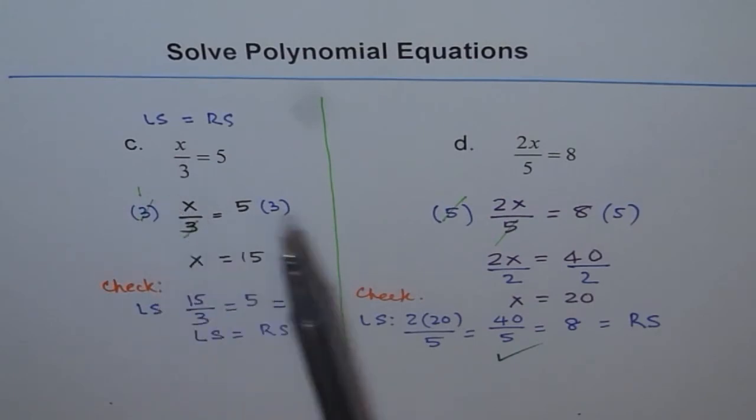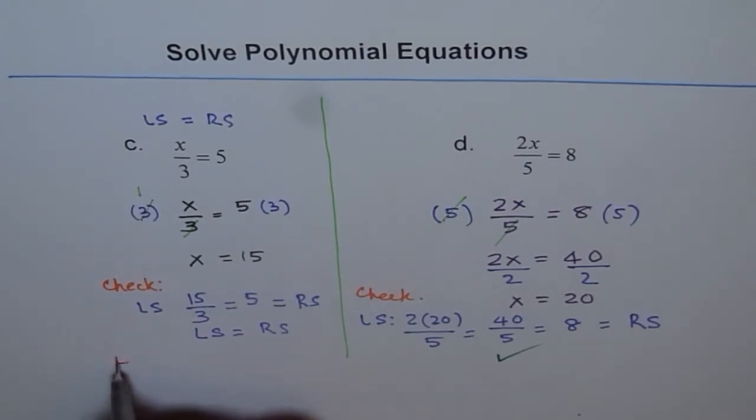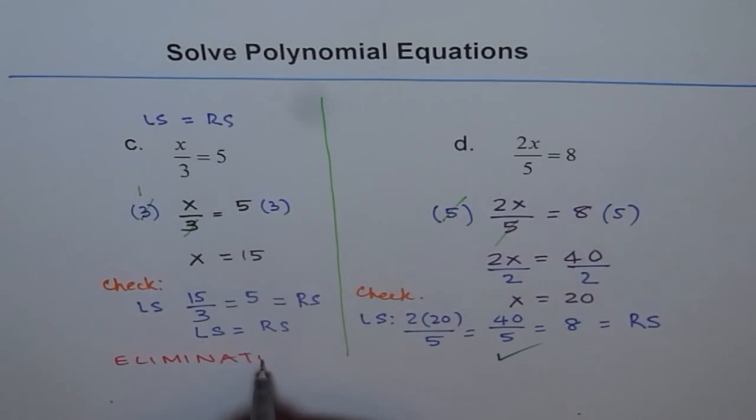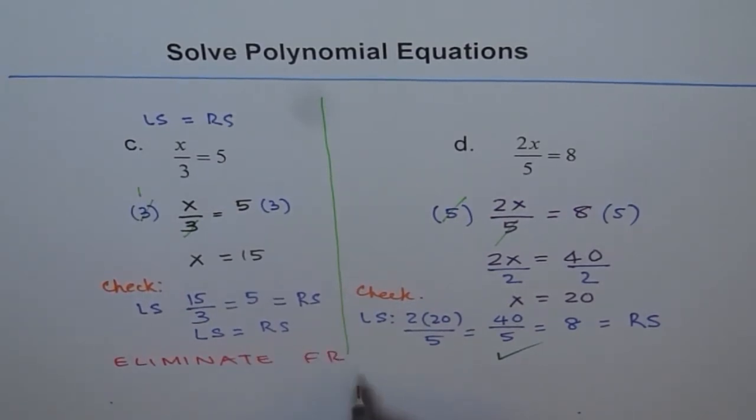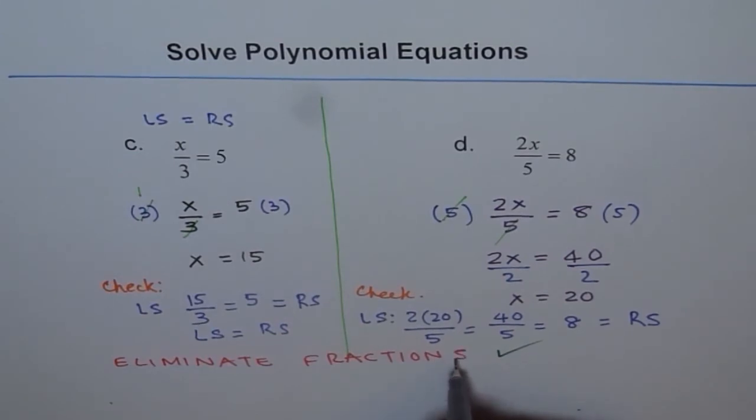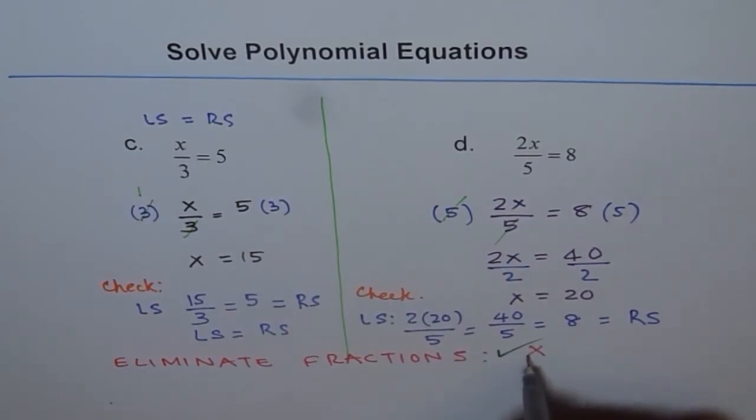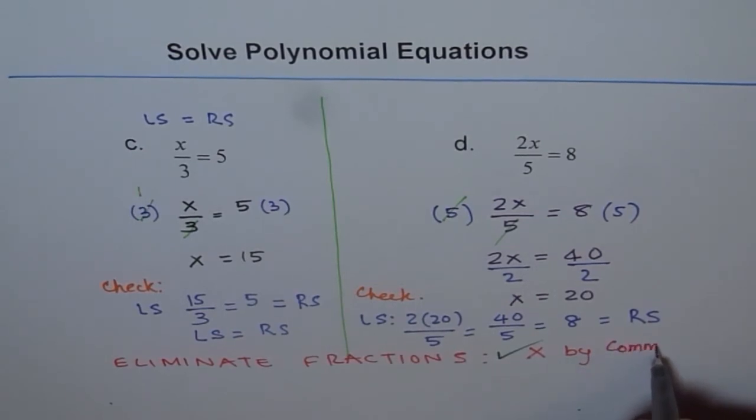So eliminate fractions is our policy, right? Let me write it down for you. The policy here is to eliminate fractions or denominators, right? How will you do it? By multiplying by the common denominator.